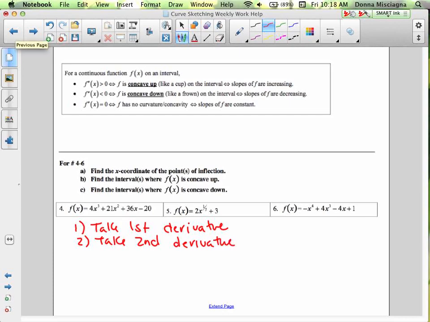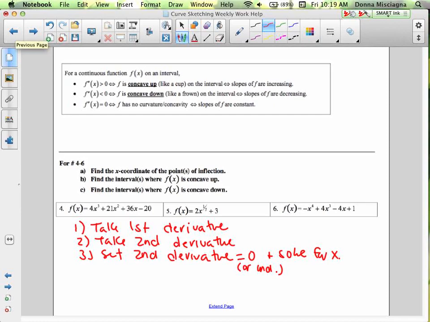And then you're going to set the second derivative equal to 0 and solve for x. You also look for where the second derivative is undefined. That's not going to really come up in these ones. I don't think you're going to have to worry about it, but I'll just put that in just for future.